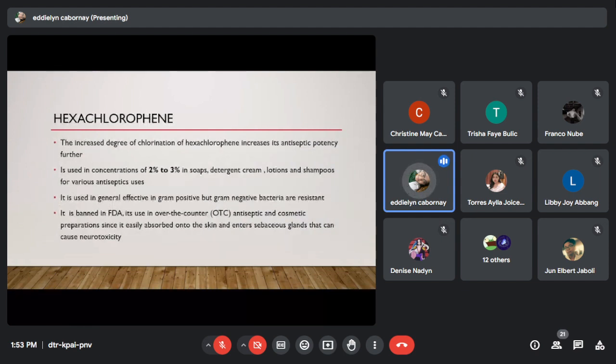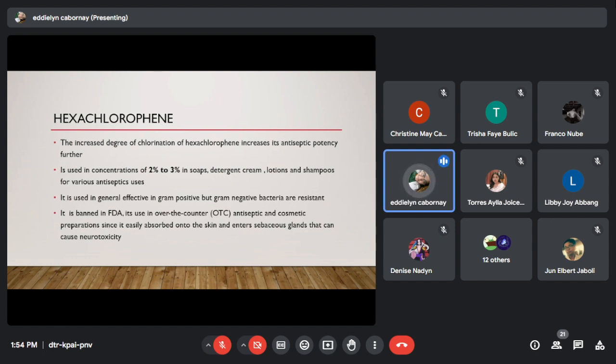The increased degree of chlorination of hexachlorophene increases its antiseptic potency. It is used in concentrations of 2 to 3% in soaps, detergents, creams, lotions, and shampoos for various antiseptic uses. It is generally effective against gram-positive bacteria, but gram-negative bacteria are resistant.